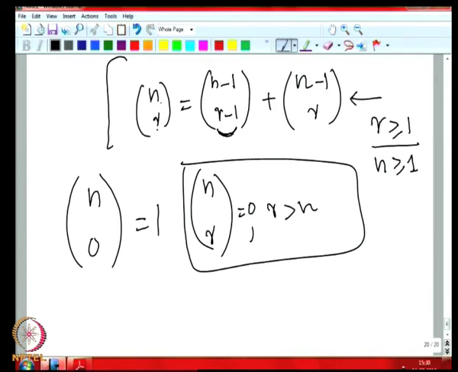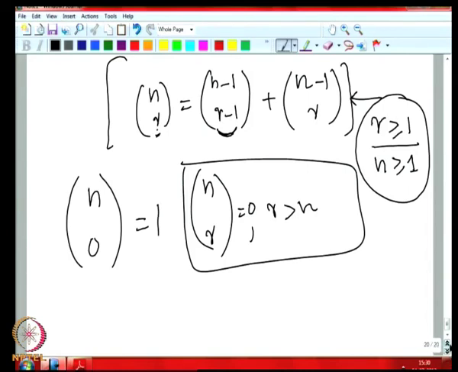So, in the case of n equal to 1, 1 choose 0 should be 1, right. Sorry, r is not 0, r is 1 maximum, right. So, therefore, that is fine. So, we are assuming that r is greater than or equal to 1 and n is greater than or equal to 1. You should verify very carefully whether we can make these assumptions.